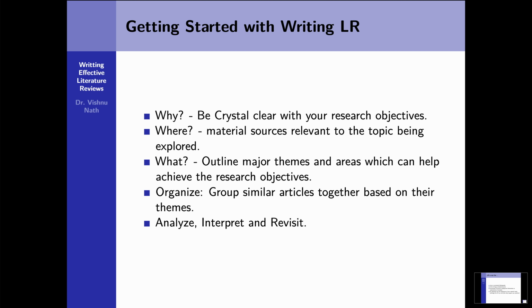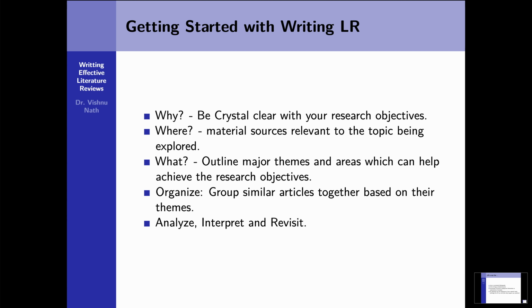For example, if my research objective is to see the performance of new technologies on sustainable supply chain management, then basically my research objective is technology, sustainability, and supply chain management. When I start searching papers on these topics, my objective should be to first of all get an understanding of this field, how technology, sustainability, and supply chain management are connected.